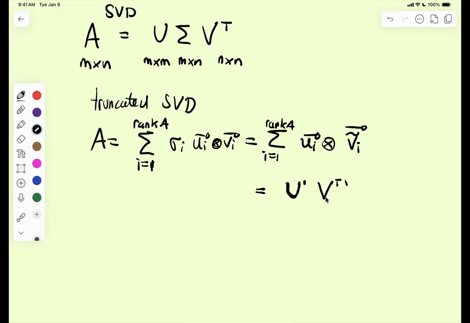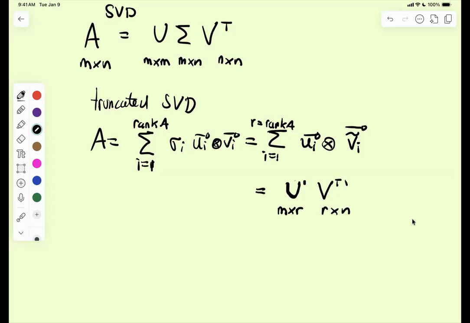So basically, the idea here is, let's call R the rank of the matrix. This matrix U is the same matrix as before, but it only has the first R columns of the matrix. So this is an M by R matrix, and this is going to be an R by N matrix. Okay.